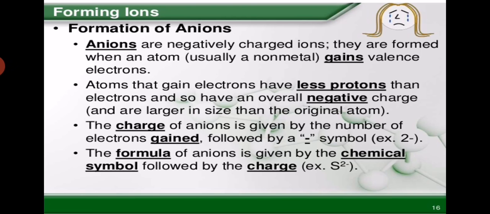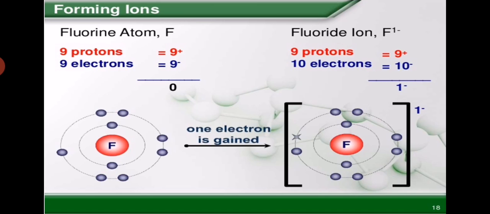The charge of an anion is given by the number of electrons gained, followed by the negative symbol. For example, 2 minus. And the formula of an anion is given by the chemical symbol, and we write the charge. Example, S2 minus. Means here the sulfur gained 2 electrons, because of that we write S2 minus.